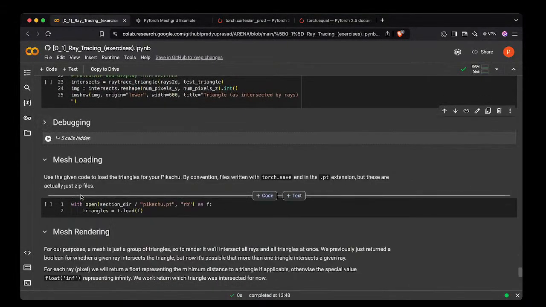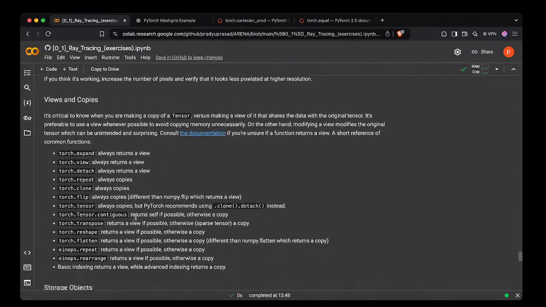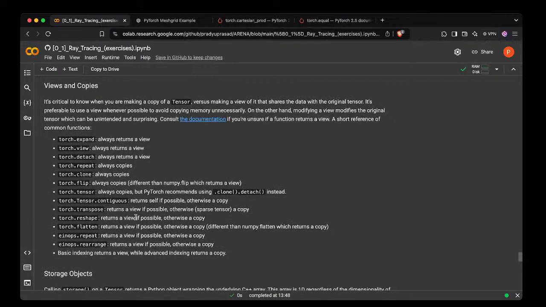Don't use a debugger. Last thing was mesh that thing. Okay, we're just two or three functions away. That's very nice, right?